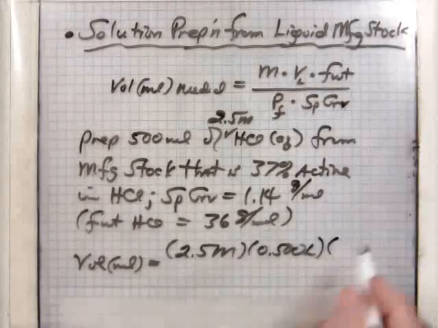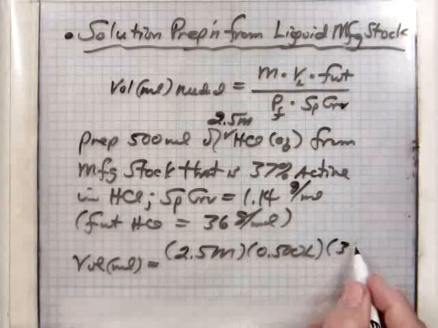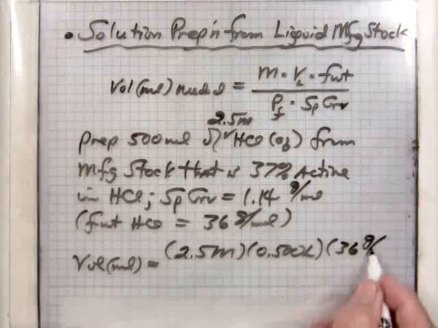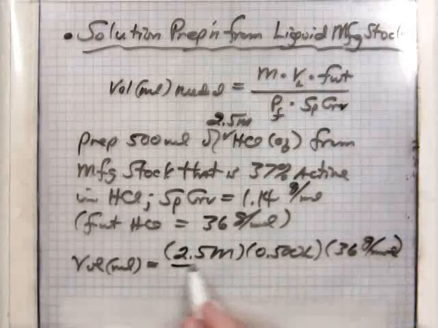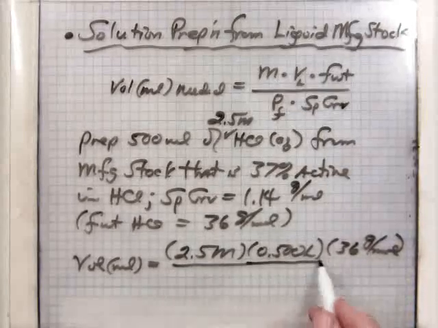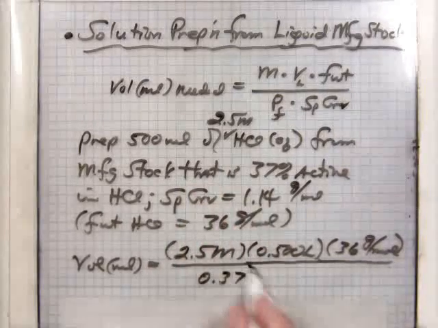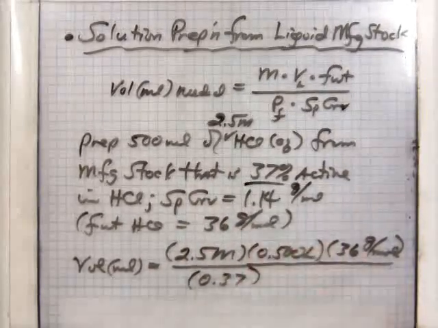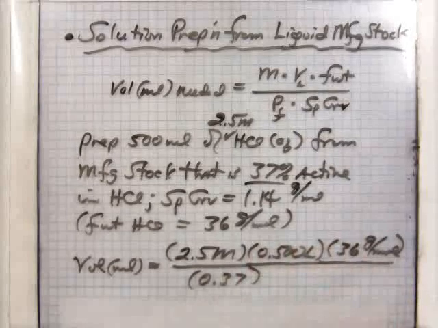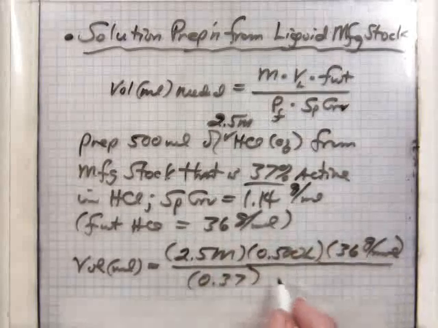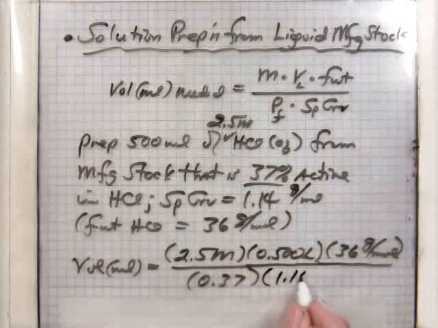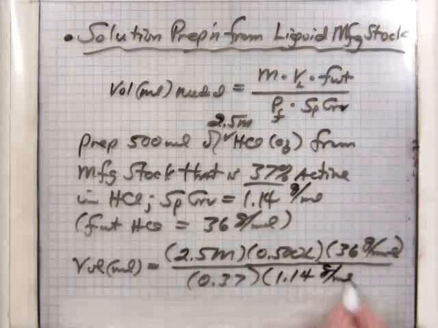The formula weight is 36 grams per mole, and that's divided by a purity factor of 0.37. That's the concentration that you'll receive it, and that's on the assay label. And specific gravity is 1.14 grams per milliliter.